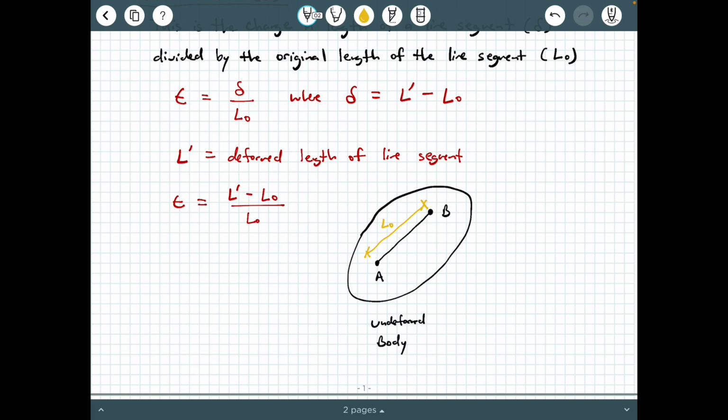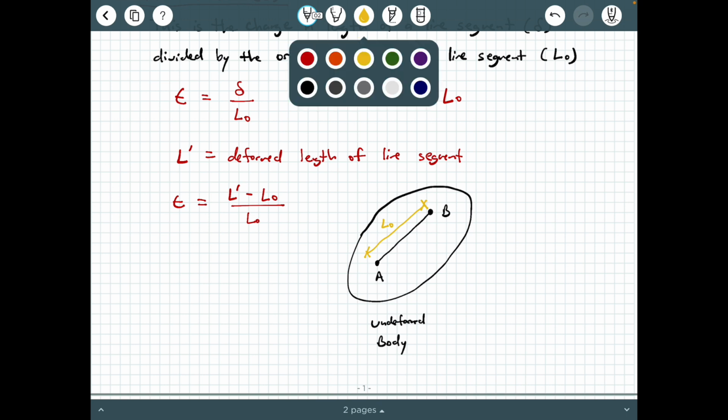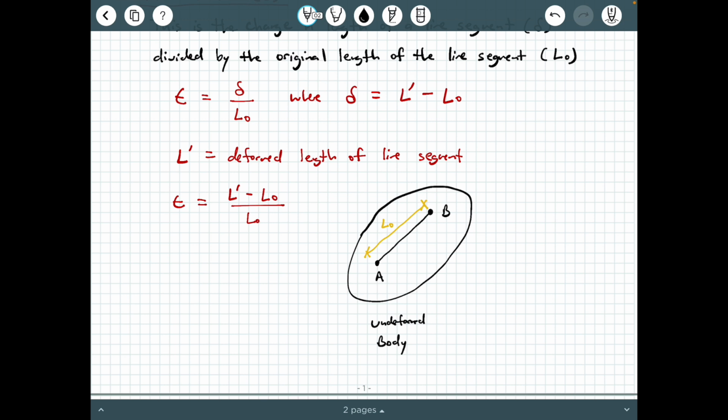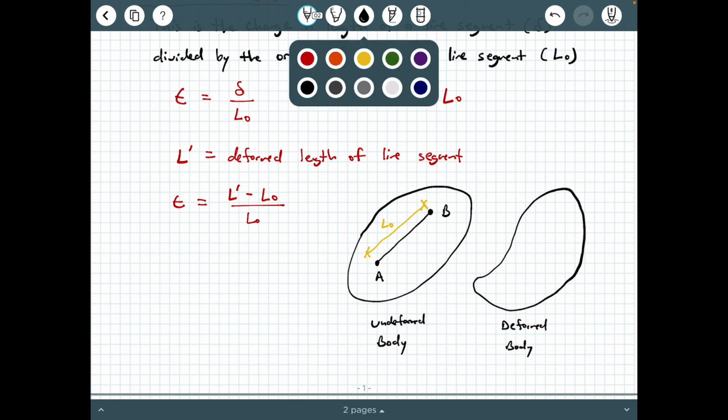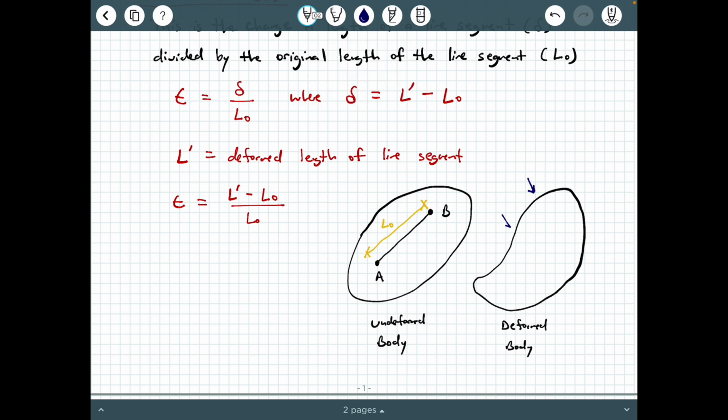Now, let's say we apply loads to this body, okay? We apply loads to this body, and let's say that the body deforms into another shape. We're going to call this the deformed body. Okay, now what is that line segment going to look like now? Let's say that we had some loads here, acting like this.